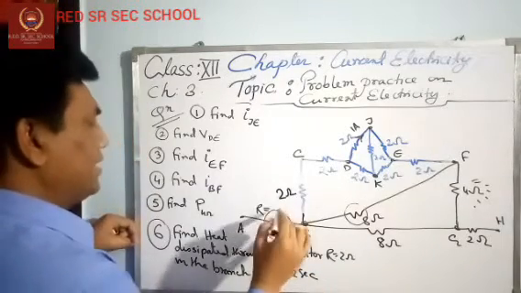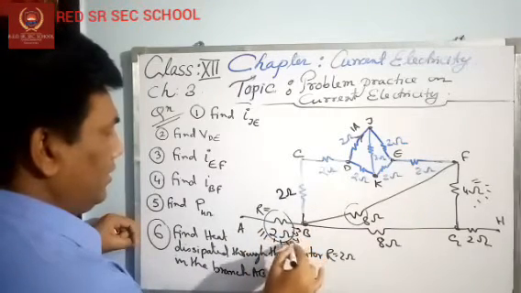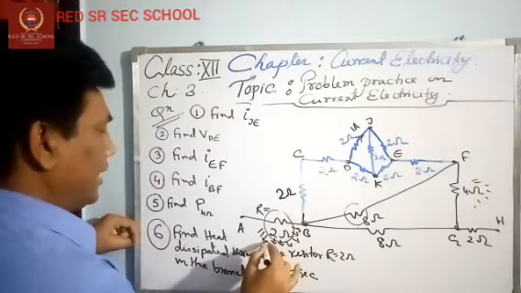What is the energy liberated from this resistor in 2 seconds?